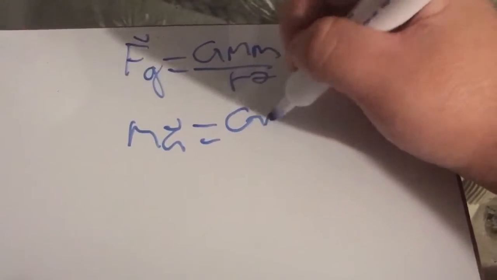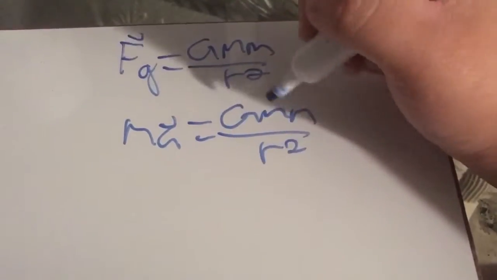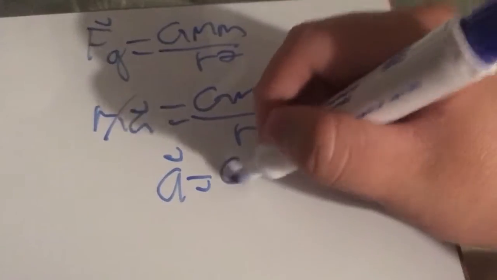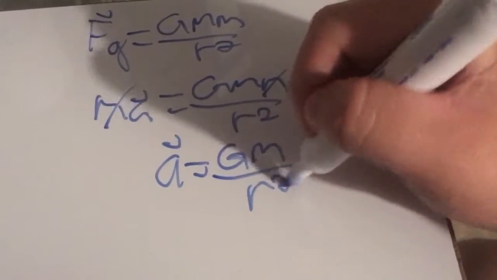For Newton to prove that gravitational force decreases by the square of the radius, he must first have gravitational force written in this form, where these masses cancel and the acceleration due to gravity at 1 Earth radius is GM over r squared.